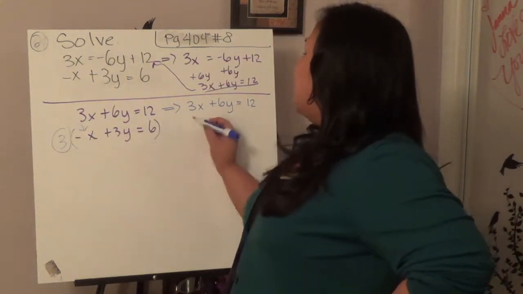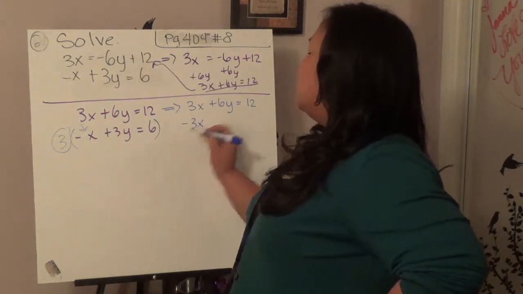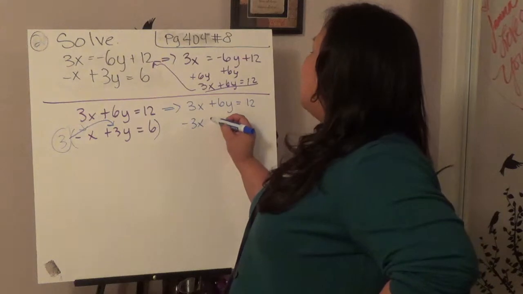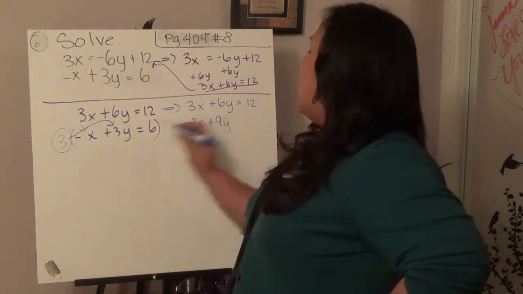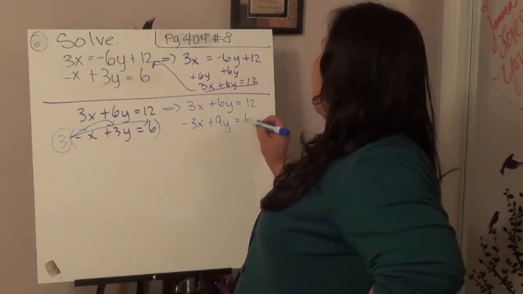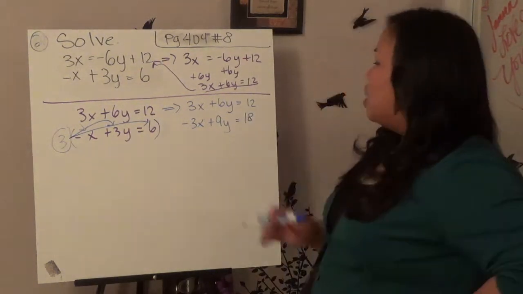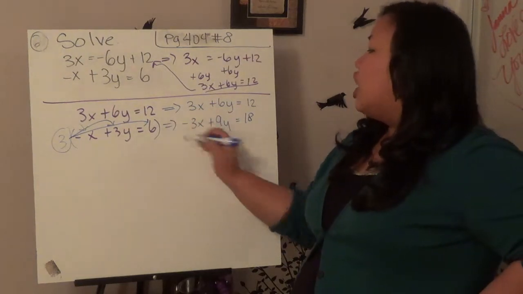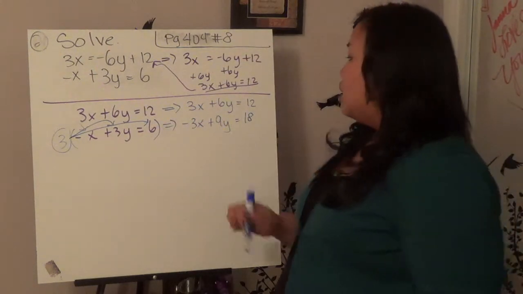So 3 times negative x gives me negative 3x. 3 times positive 3y gives me positive 9y. And 3 times positive 6 equals 18. So I manipulated it, but I didn't change anything. The equation is still balanced.